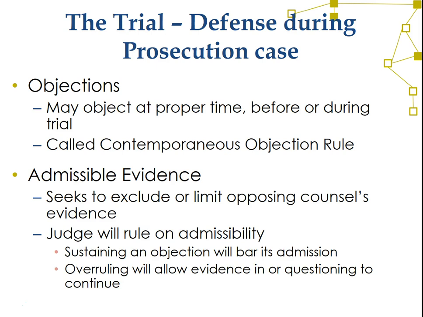And then there's the admissible evidence portion. All evidence is introduced by calling witnesses to the stand. If any physical evidence, such as a murder weapon or something like that, is to be introduced into evidence, a witness must be called who can tell where the object was found and what happened to it since it was found.